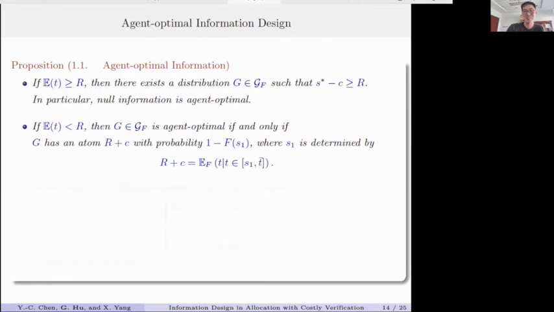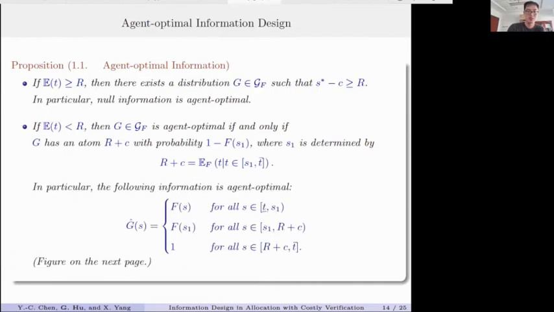The verbal description is that the information designer will pool information above some signal threshold S1, and the information will be pooled at the point R plus C. And below S1, the principal learns the original distribution.